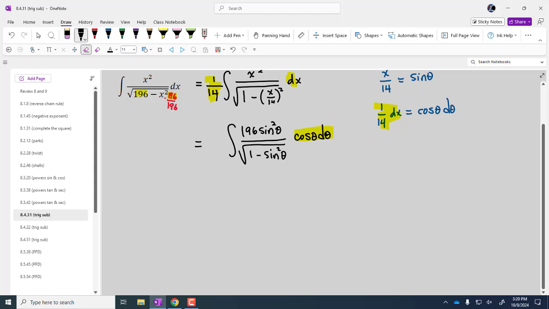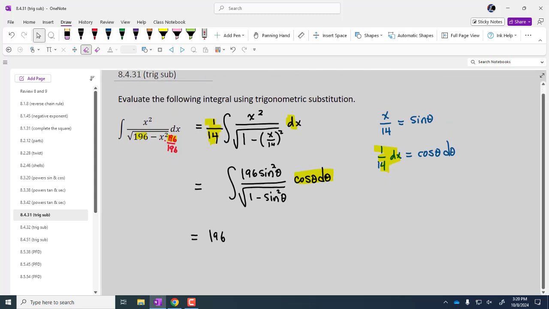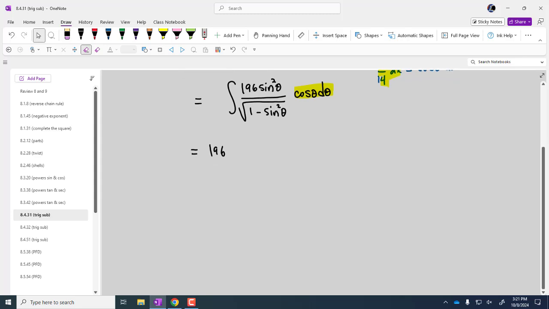And what simplifies inside the square root? 1 minus sine squared becomes cosine squared, square root of cosine squared, cosine. Technically it should be absolute value of cosine, but they're not giving us any information about the domain, so we can just kind of ignore it. Same as for your exam, you can just ignore that.